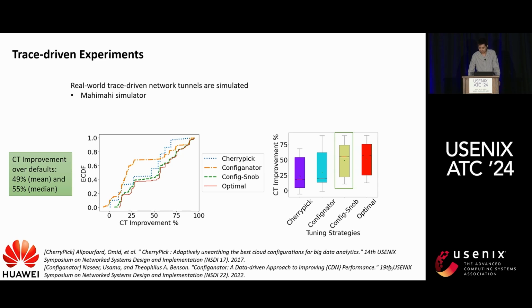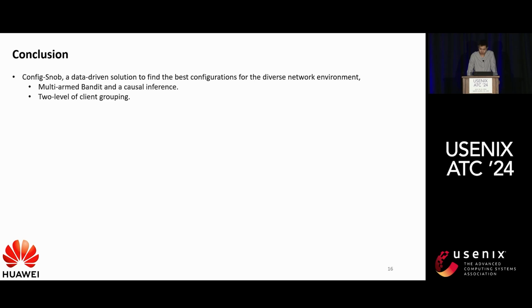Config-Snob shows significant improvement due to the MAB model, two-level profiling, and the controlled exploration that starts with prior knowledge initials. To conclude, Config-Snob is a data-driven solution to find the best configurations for diverse network environments, which uses multi-arm bandit, a causal inference model, and 2-level client grouping.